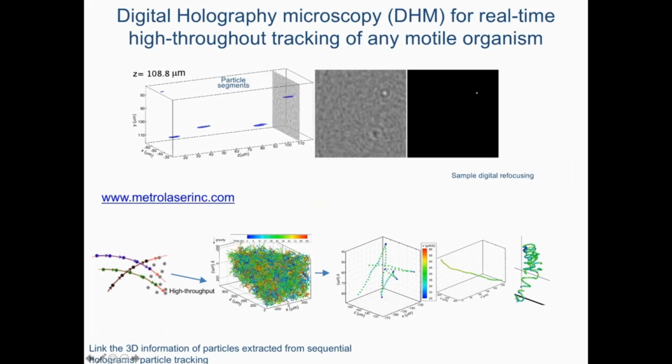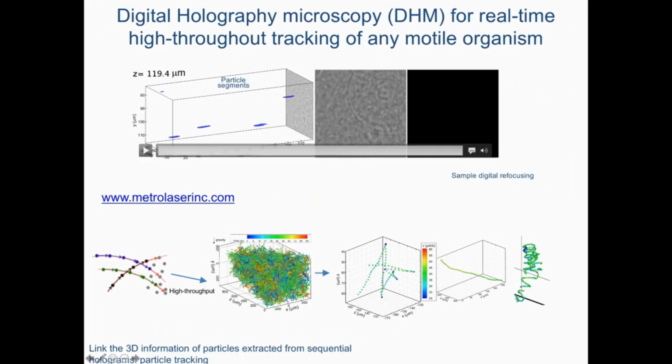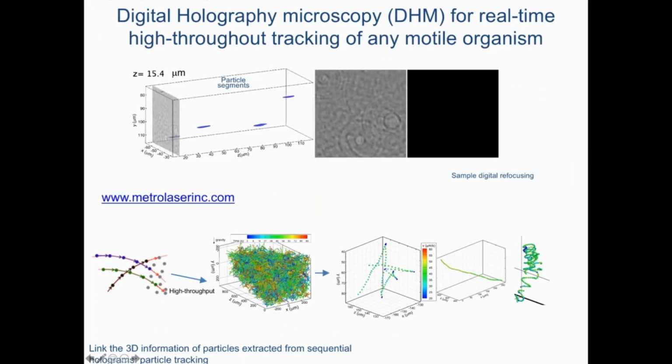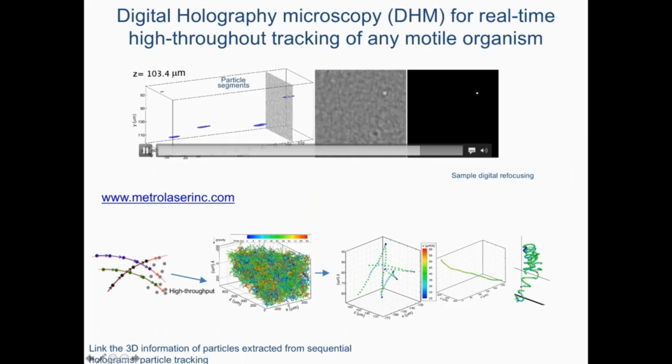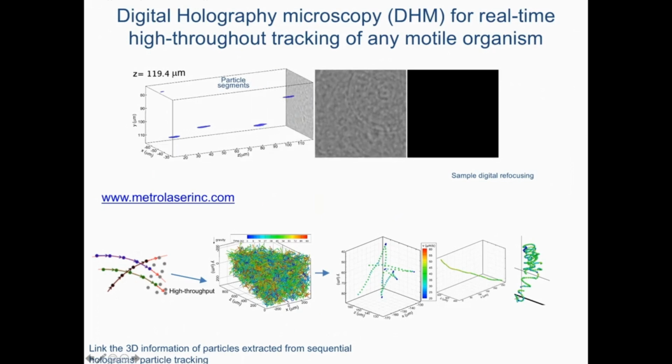So what you can do is take holograms over time of cells in a volume with a gradient or without a gradient. And you can generate this diffraction pattern, you can detect these particles, and then if you link this 3D information of particle tracking over time, you actually can generate tracks for hundreds of cells at once.